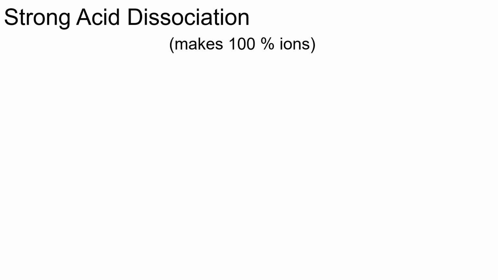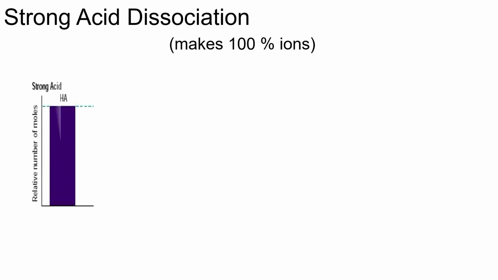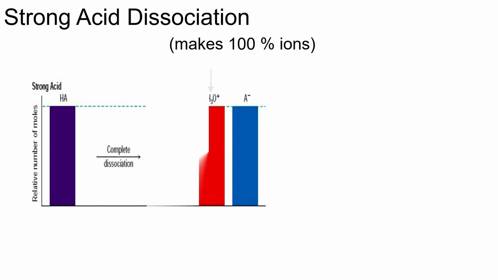Strong acid dissociation makes 100% ions, completely ionized. If you are given a strong acid, say 100 molecules of HA, the general symbol HA for strong acid, this completely dissociates into 100 protons and 100 anions with negative charge, A minus.